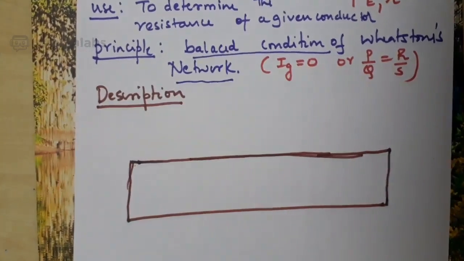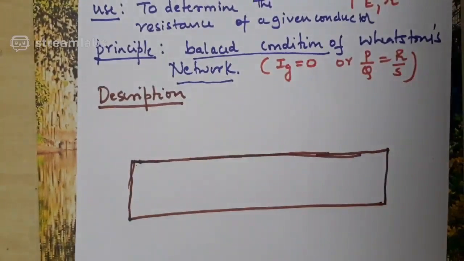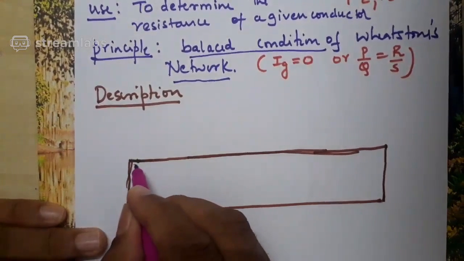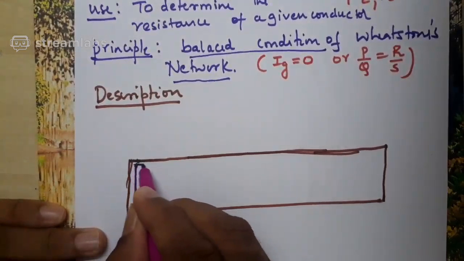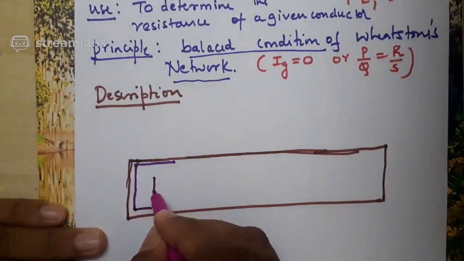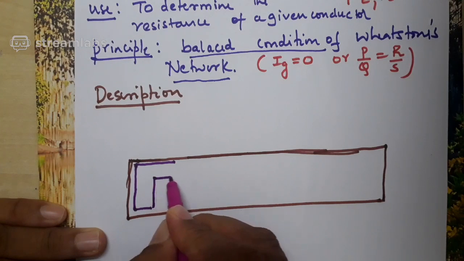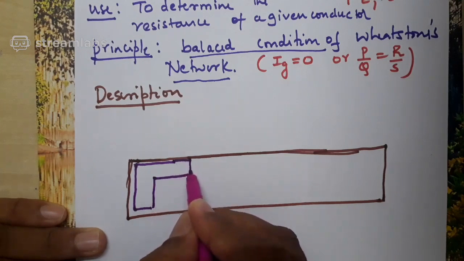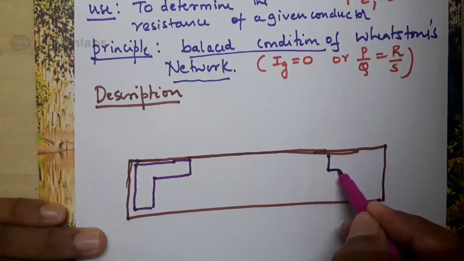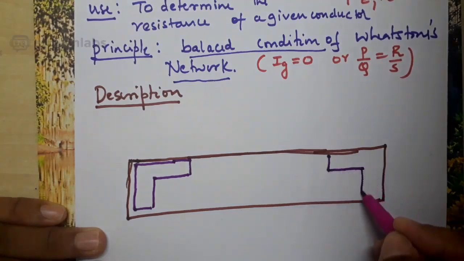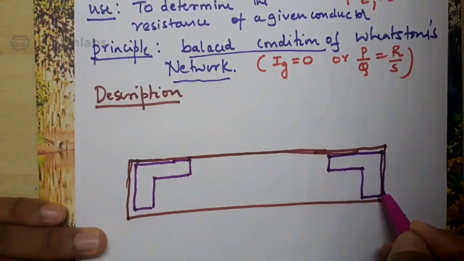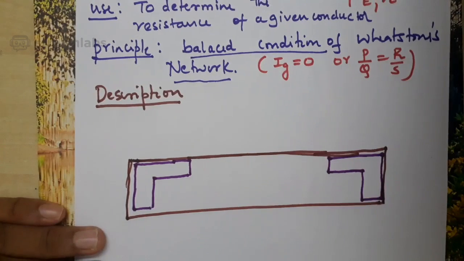On this wooden frame, at the two ends, there are L-shaped metal strips. This is one metal strip at one end, and here there is one more metal strip at the other end. These metal strips have a negligible resistance.